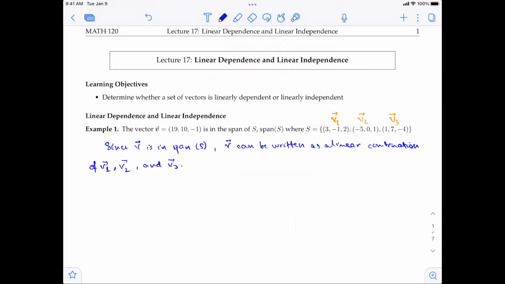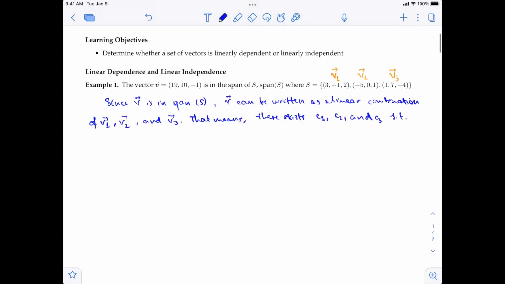That means there exist constants C1, C2, and C3 such that V equals C1 times V1 plus C2 times V2 plus C3 times V3.